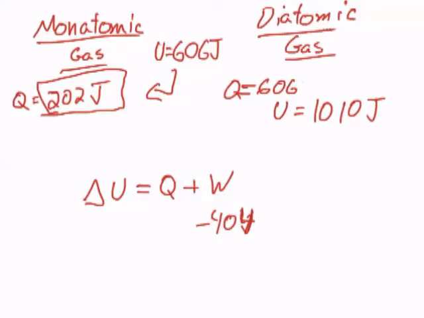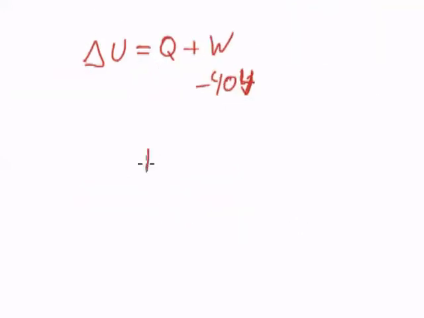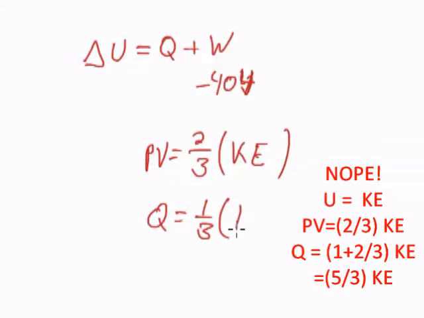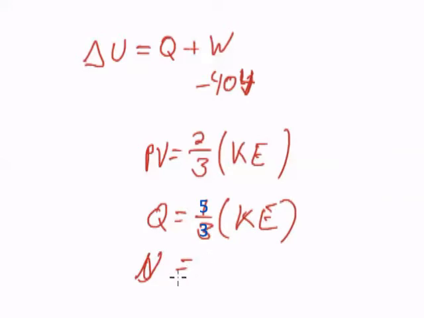done on the gas, and PV equals 2/3, let's call it KE. Kind of thinking of it as Q equals 1/3 of the KE, and U equals the KE.